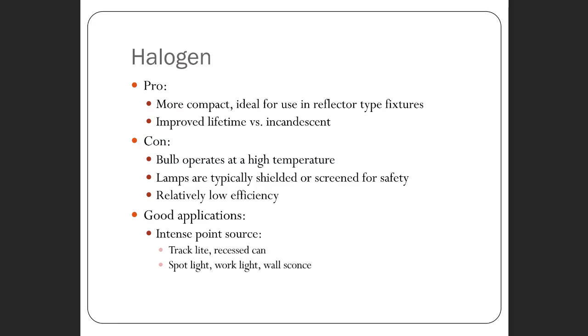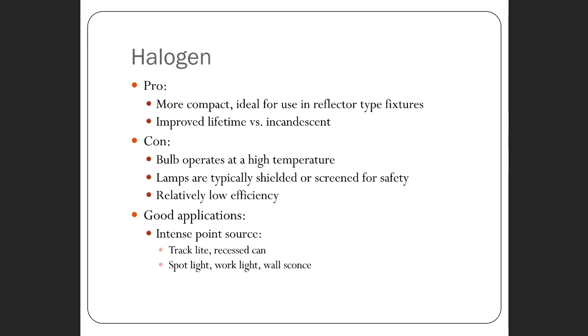Again, for halogen, it's more compact, right? The bulbs are a lot smaller. There are certain fixture types that halogens work very well in. Lifetime's a little better. Some of the cons: that bulb operates at a high temperature. It's pretty hot. You can't touch it. You typically have to put some kind of shielding around that lamp to keep you from touching it.